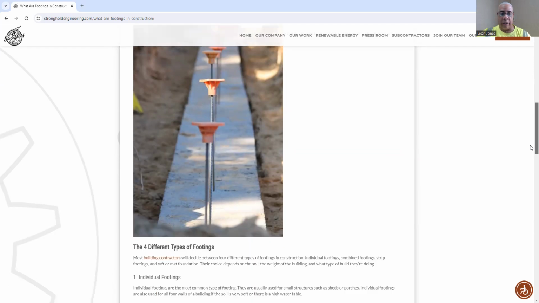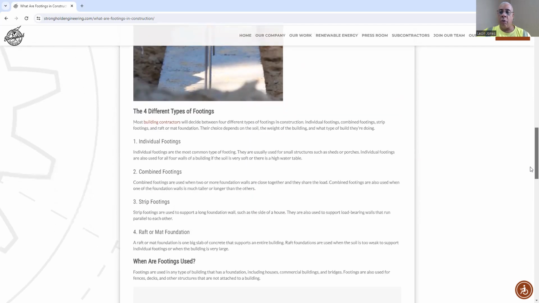It's a concrete footing. Now, generally, when we deal with footings, there are 4 different types of footings. So most building contractors will decide between the 4 types of footings in construction. Now, you're going to have individual footings, combined footings, strip footings, and raft or mat foundations.